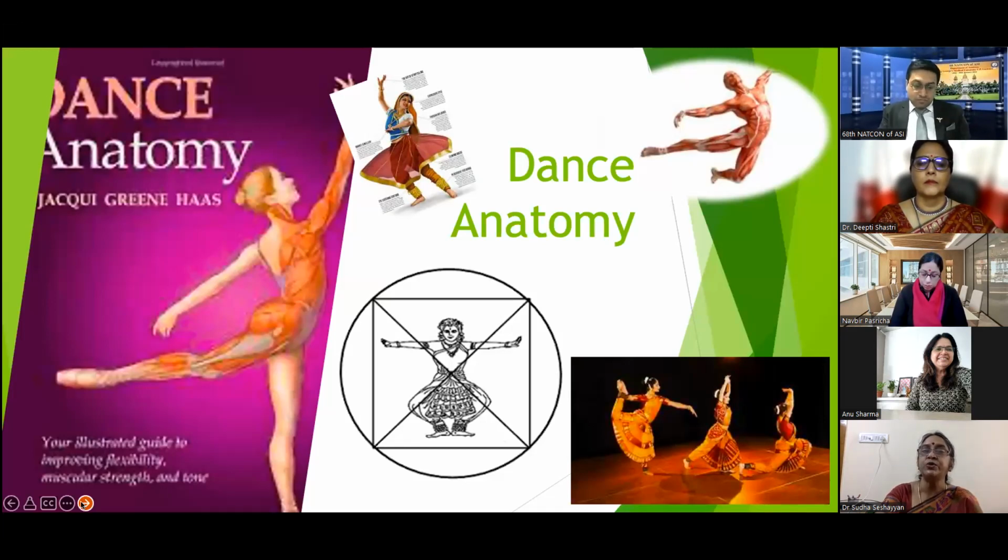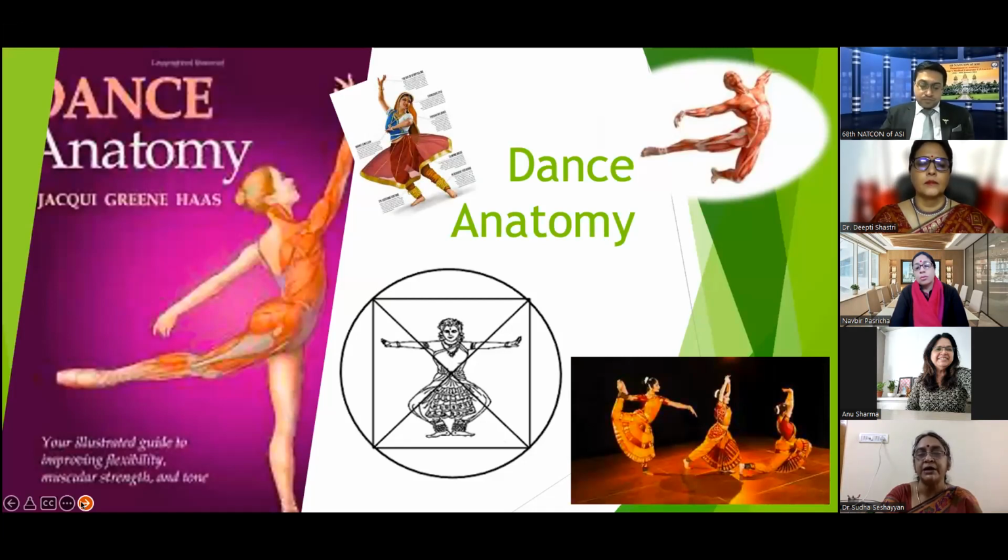I've just shown you on the screen a picture of a textbook on dance anatomy. But that relates to the Russian style of dancing, the Western style of dancing, and so on. When you compare the Indian style of dancing, there are so many areas. In Bharatanatyam, what is the joint position?